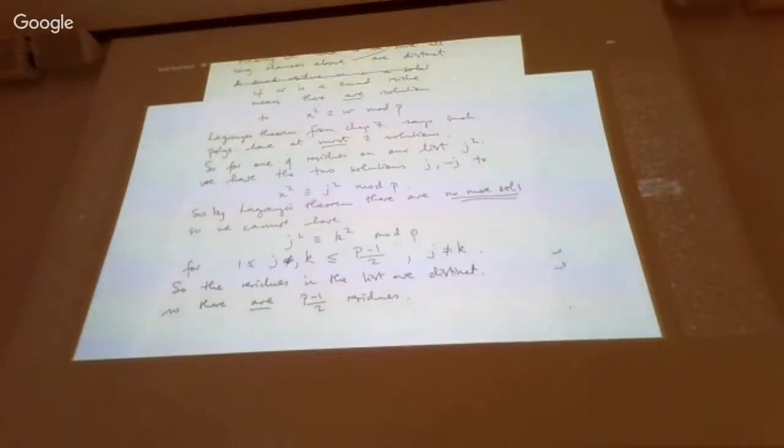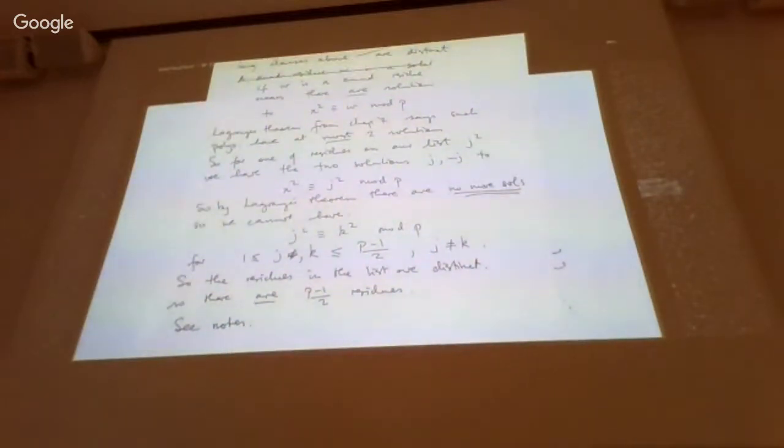In the notes, there's a different proof given, a more direct proof that doesn't rely on Lagrange's theorem. It just goes back to the definition of congruence and divisibility, etc. So see notes for a more direct proof of this.